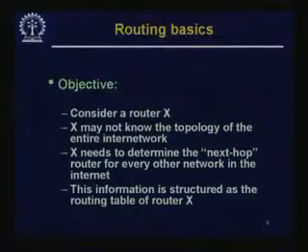So, X needs to determine the next hop router for every other network in the internet. Now, why are we talking about network? After all, we are trying to reach some particular machine, maybe some particular server. Well, if you want to keep track of all the machines in the world, that becomes really intractable, really very, very big. So, we reduce the problem somewhat.